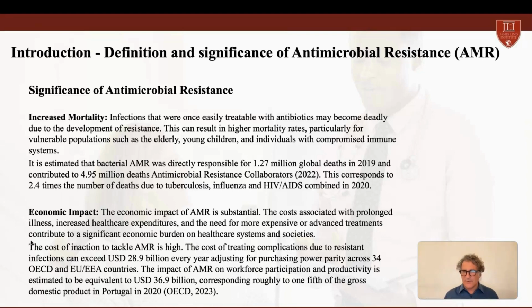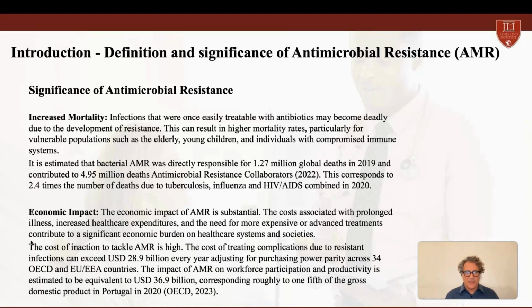So you can see the magnitude and the impact that the overuse of, and resistance to, for example, antibiotics has, with how many people die every year in a single period. We're talking about more than 1 million fatalities caused by resistance to antibiotics.